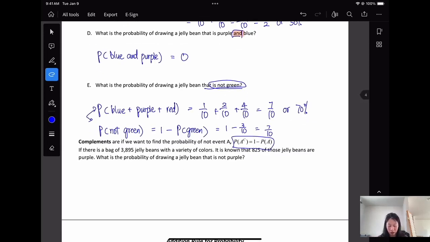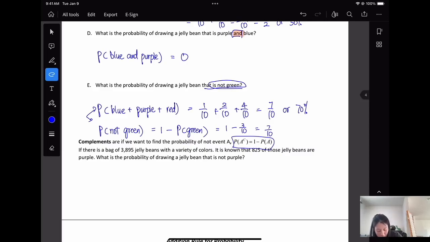Okay, so now here's another example. If there is a bag of 3,895 jelly beans with varieties of color, and it is known that 825 of those jelly beans are purple, what is the probability of drawing a jelly bean that is not purple?